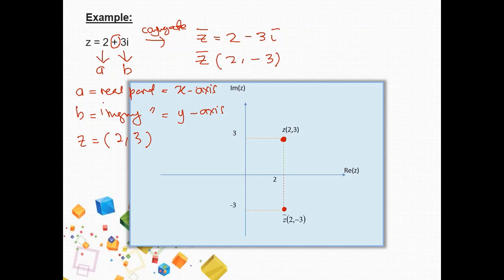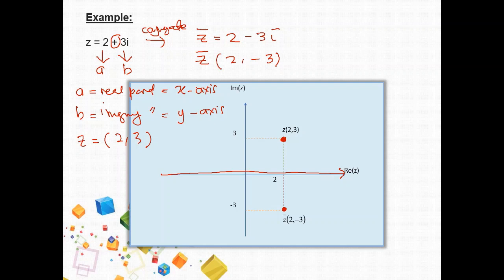So you see, the conjugate will reflect on the real axis. It is like a mirror. Our real axis, our x-axis, will be like a mirror.